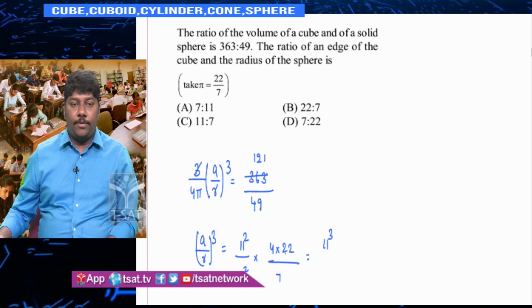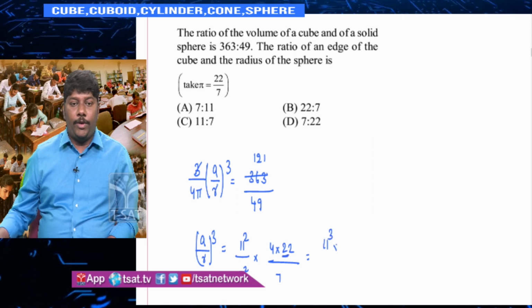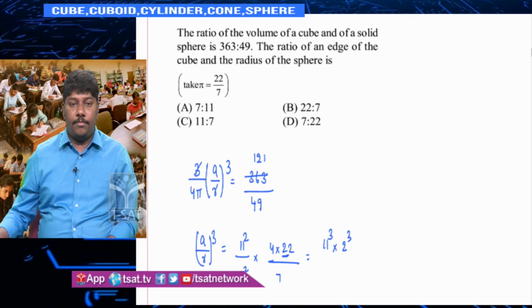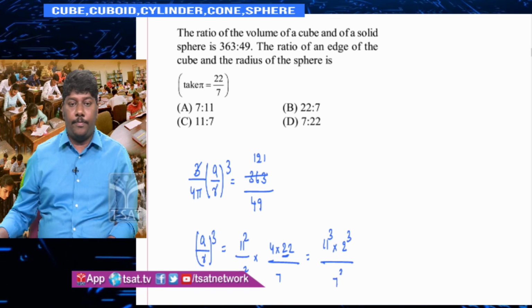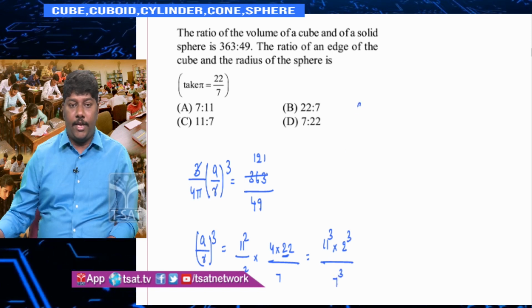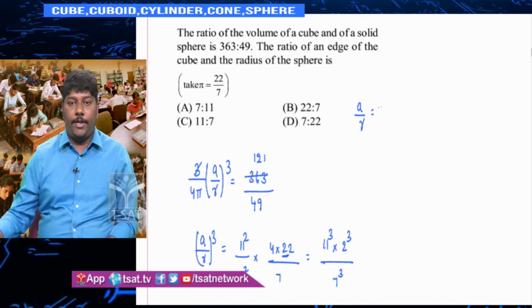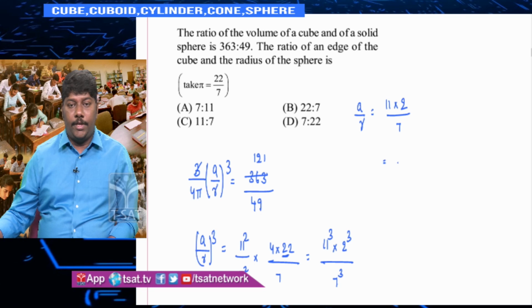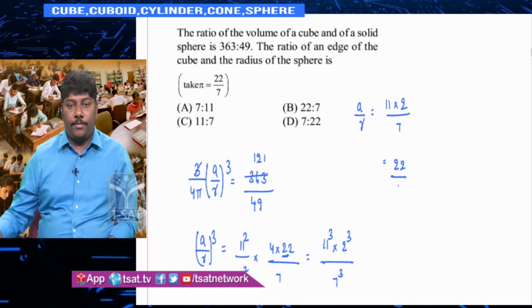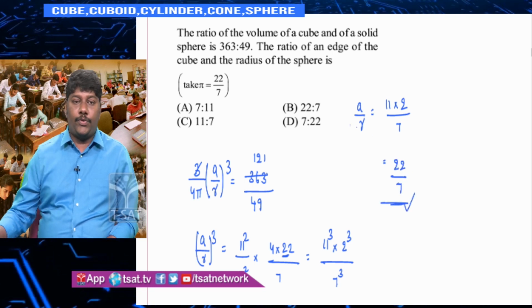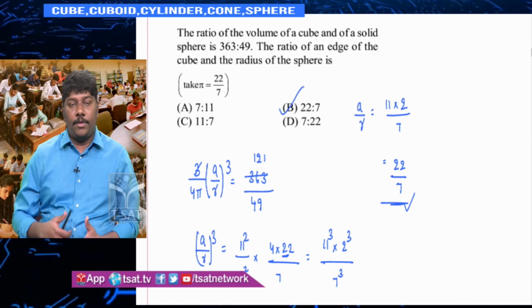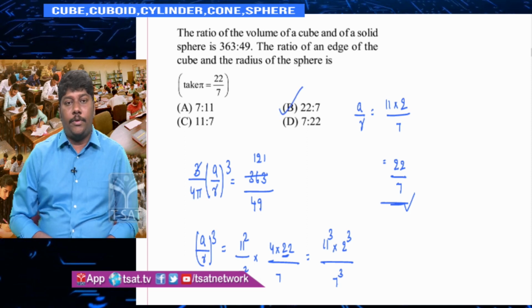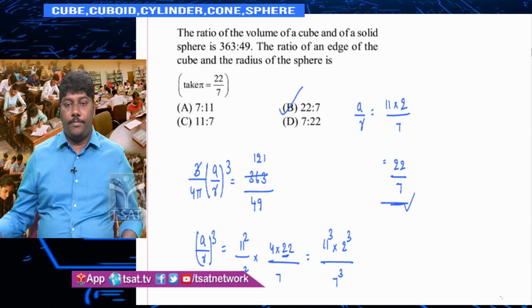Here 11 cube, 2 will be left out. The 2 into 4 is 2 cube, because it is 8 by 7 cube. Therefore, A by R becomes, you eliminate the cube, 11 into 2 by 7. So it is 22 by 7, or else 22:7. So answer is 22:7. Actually pi is to 1.